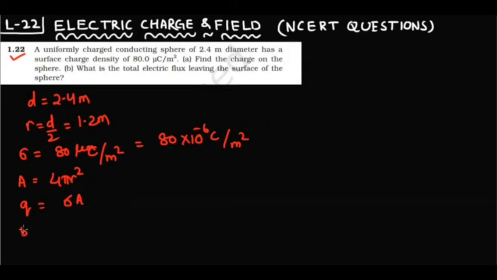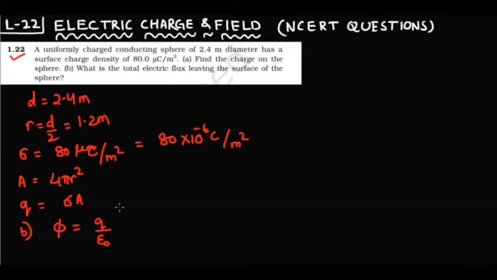Now the next point is, you have to calculate the total amount of electric flux leaving the surface of the sphere. Remember that if a body is positively charged, then electric flux leaves the surface, or we can say that it is the outward electric flux. To find the electric flux, the formula is Q by epsilon naught.